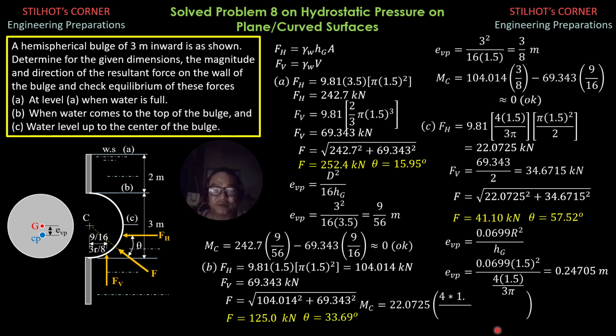So MC is 22.0725 times quantity 4r over 3 pi plus 0.24705 minus 34.6715 times 9 over 16, and that's also almost zero. So that checks that all these answers are correct.